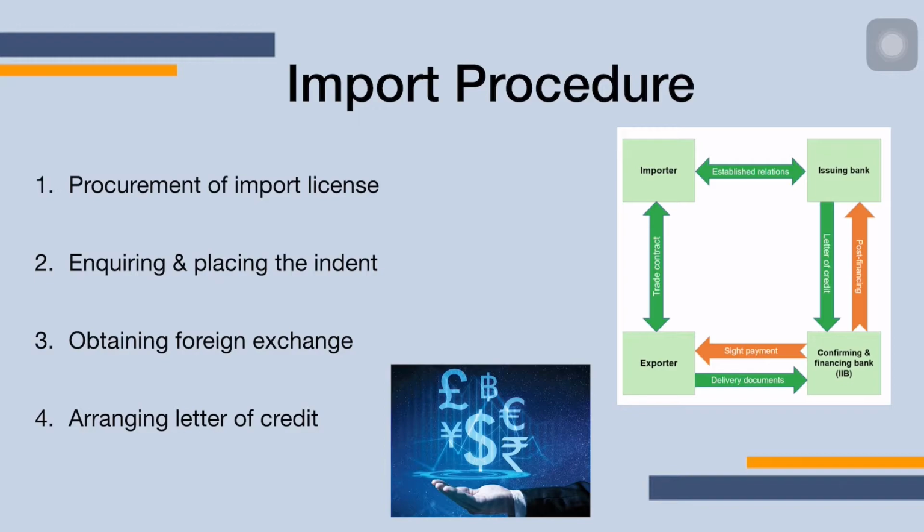We have dollars, Australian dollars, Japan's yen, Dubai's dirhams. So we are dealing with various currencies. Based on the order that you have placed, as an importer, you'll be obtaining the relevant foreign exchange. And then you need to do the fourth step, arranging the letter of credit, right?